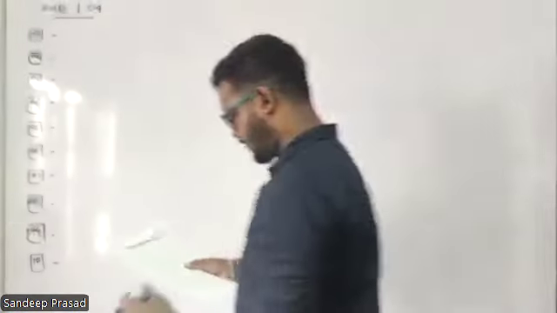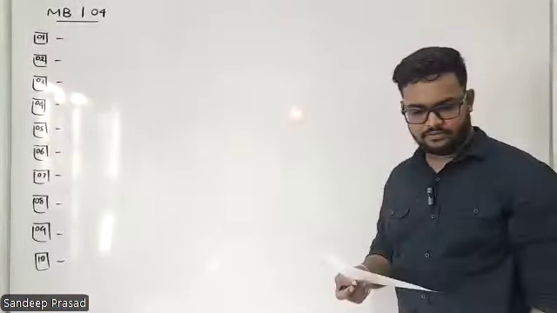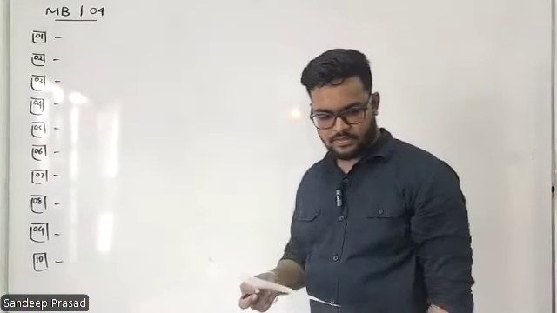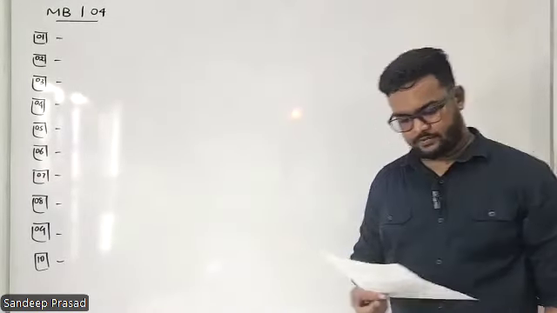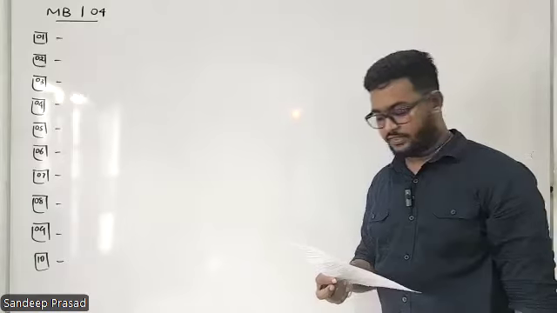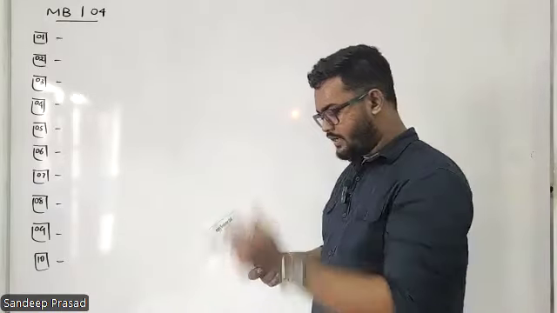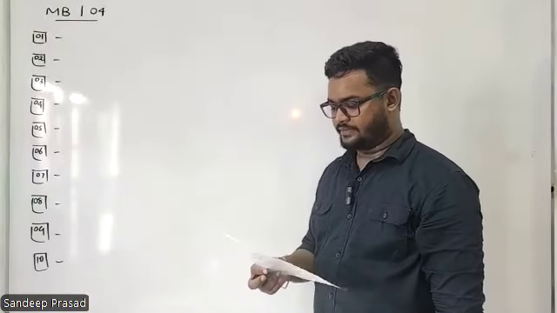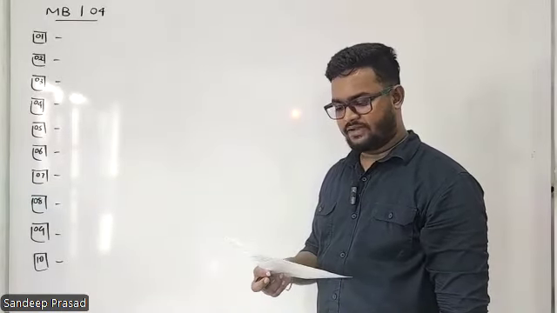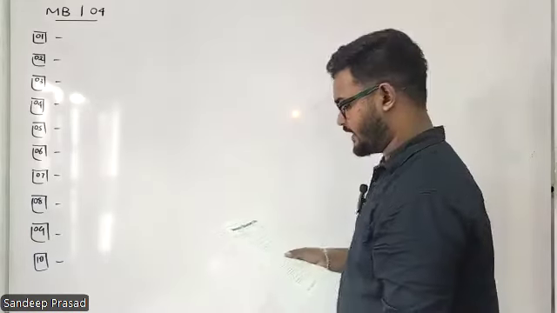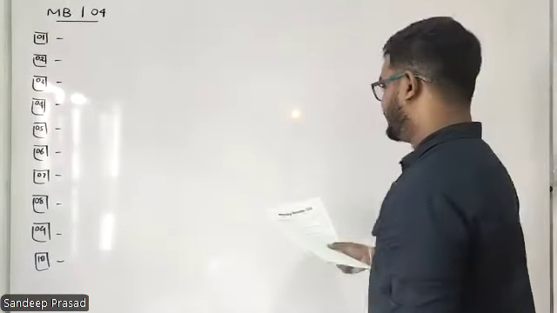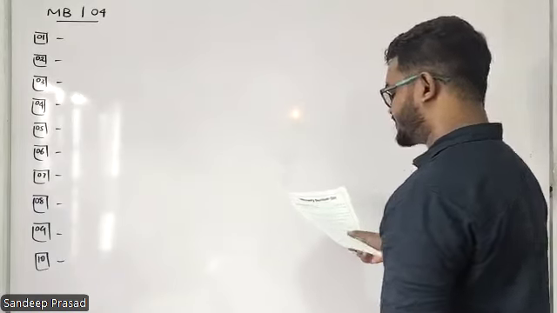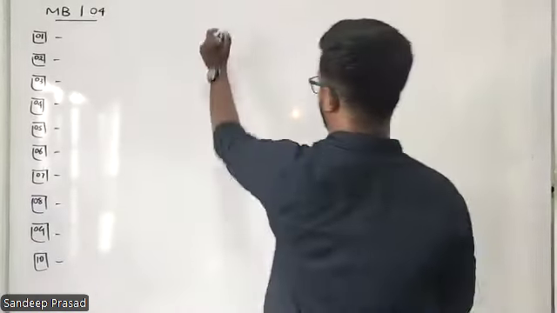Question number 1. The ratio between the speeds of oxygen molecule and helium atom with the same de Broglie wavelength is, right? So they're asking about the de Broglie wavelength, the ratio between the speeds of oxygen molecule and helium atom.